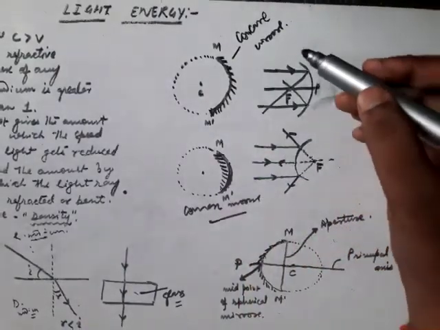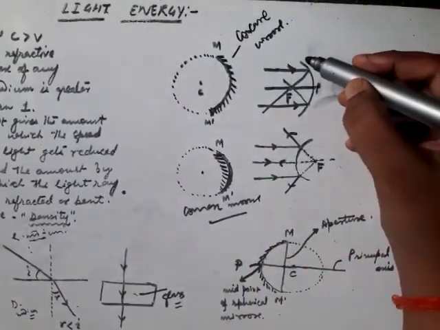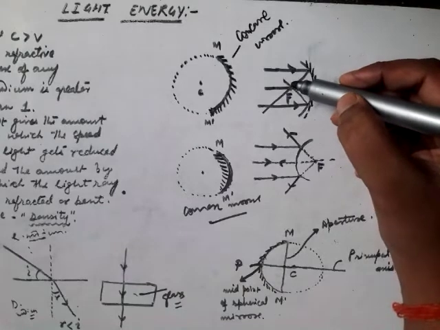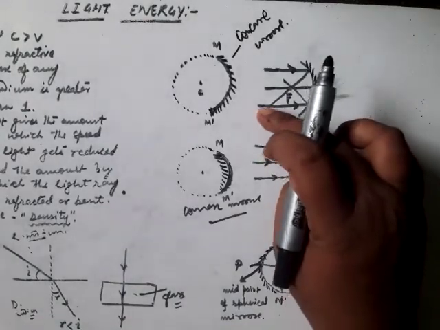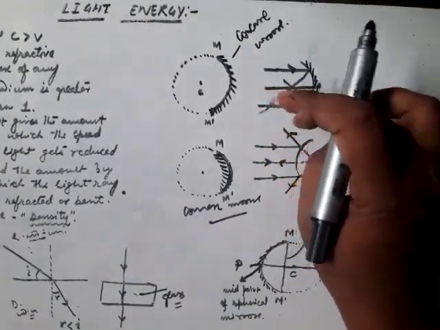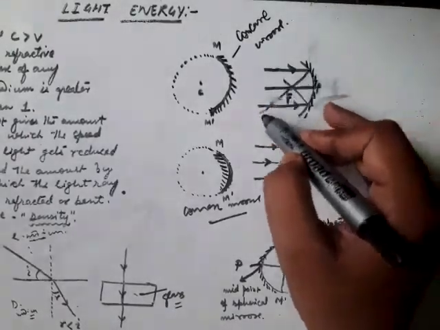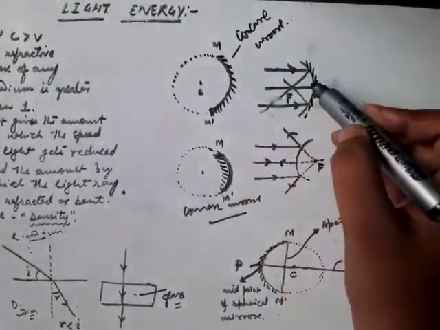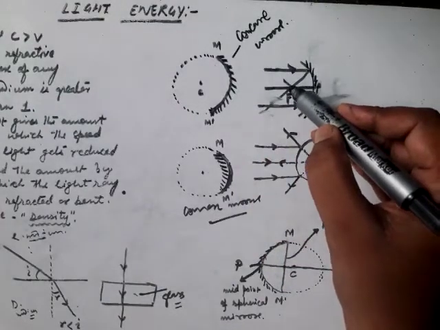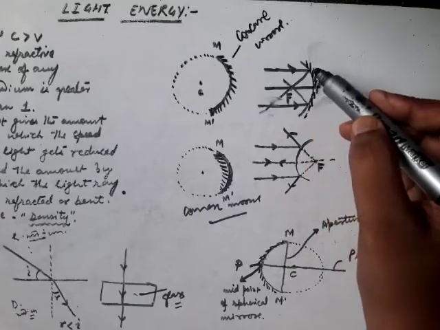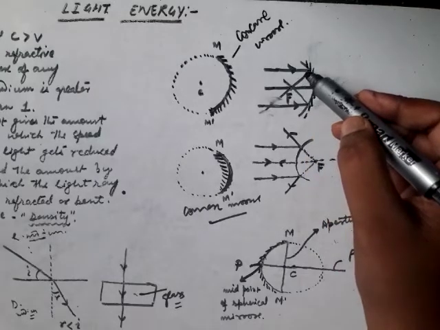Here, this spherical mirror is painted from the outside, and the reflecting surface is from the inside. Just see the diagram here. When a parallel beam of light comes from infinity and passes through the focus, here is the focus, it will always converge.